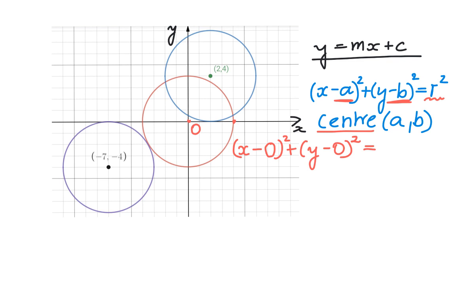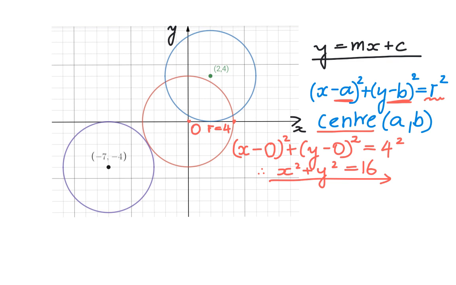Those circles are given to us to scale, and the radius here is 4 units. All the circles have a radius equal to 4 units, so this will be equal to 4 squared, which means that the simplest equation of a circle is the circle with the center at the origin, (0, 0).